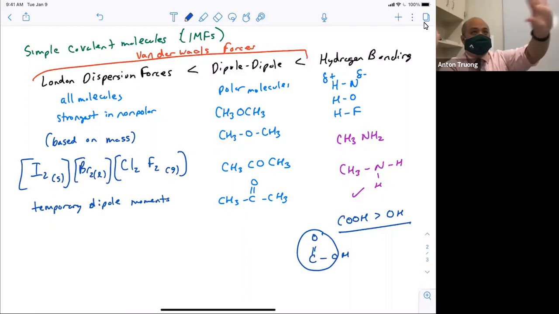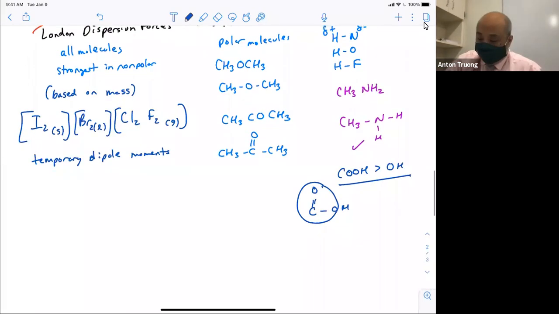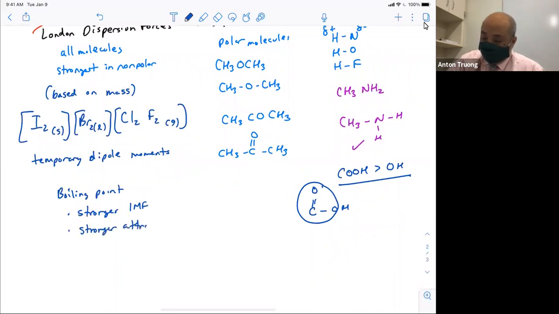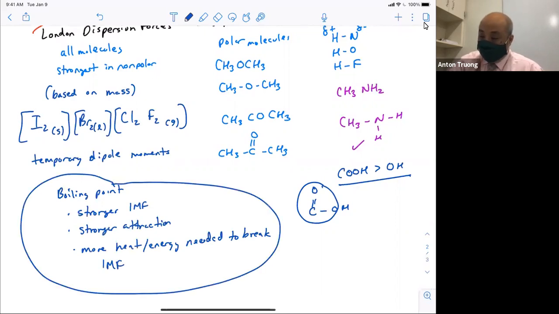But it's really your job to state and explain: to identify what type of IMFs are in each covalent molecule, which ones are stronger, and what strength has to do with it. So, for example, for boiling point, stronger IMF means stronger attraction, which means more heat energy needed to break the IMF.